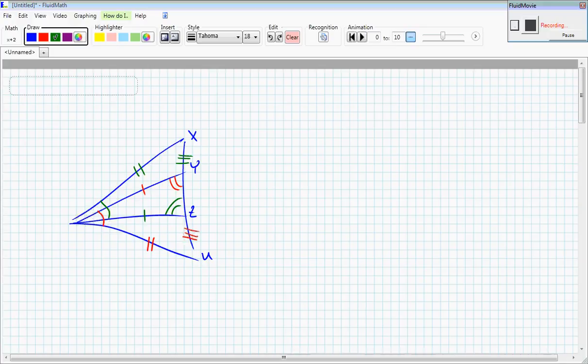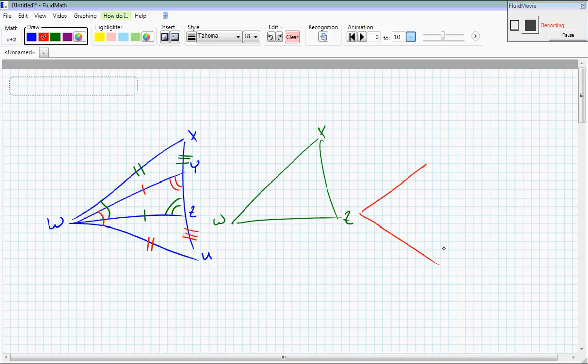This is not possible. Now, if you notice how I color-coded these diagrams, the two triangles that we are concerned with are this triangle XZW, and this triangle YUW.